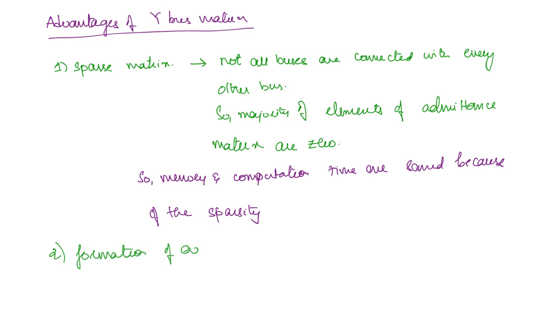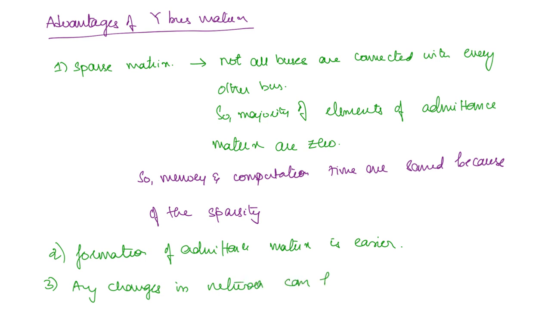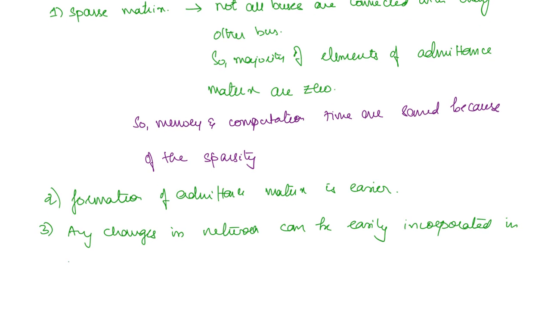Okay, formation of admittance matrix is easy. And finally, the third point, any changes in the transmission line system are going to be easy to incorporate or modify in the admittance matrix. Okay, any changes in the network can be easily incorporated in the admittance matrix.